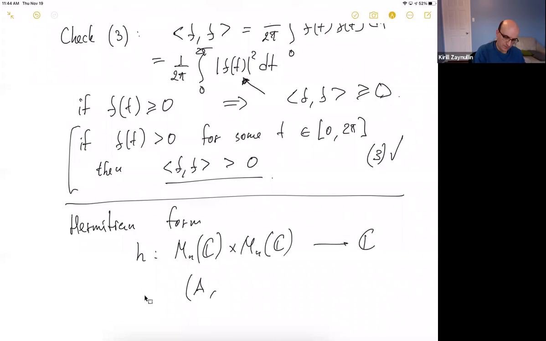You take the tuple of matrices A and B, those are vectors, matrices are vectors, right? And then you send it to the trace, the sum of diagonal entries, of the following matrix: the conjugate transpose of B times A.